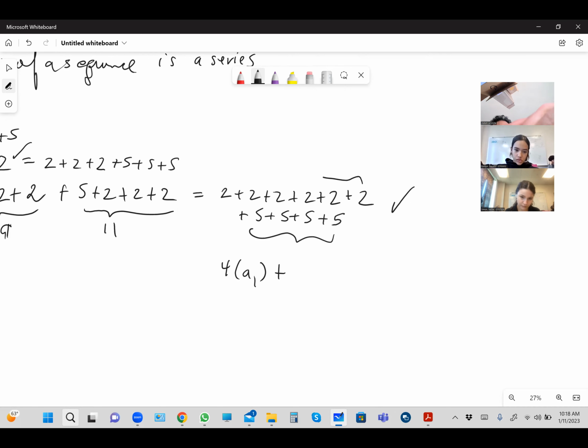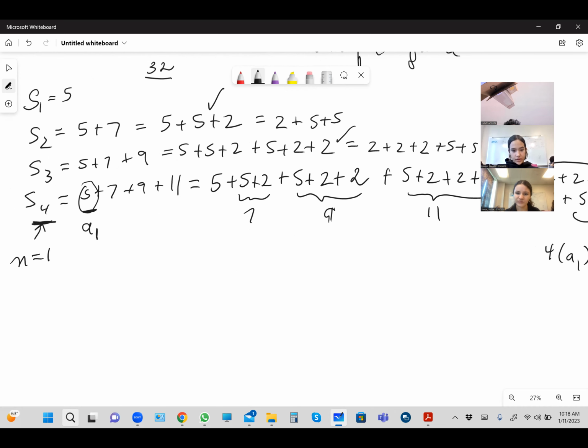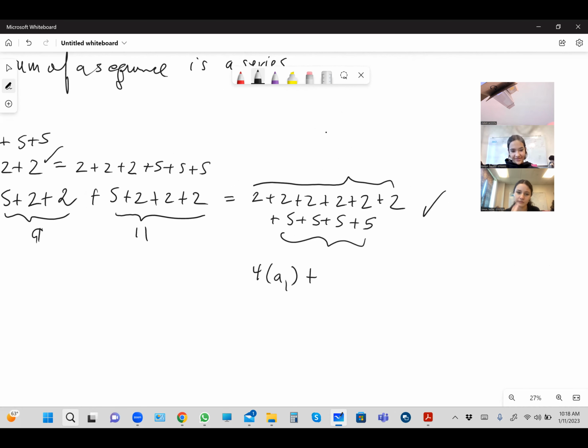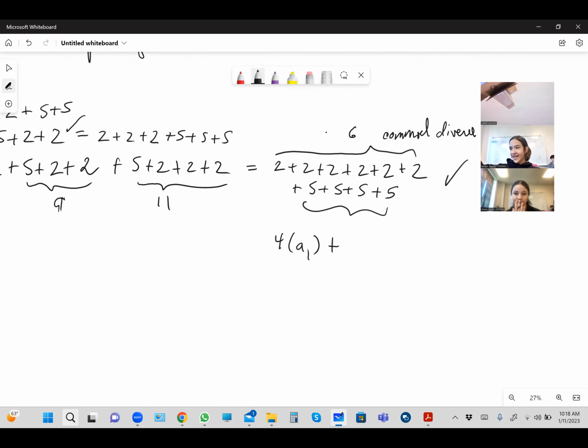And how many of the 2s do we have? 6. We have 6 of, and what do the 2s represent? The 2s are the common difference. So we have 4 A's of 1, and then we have 6 of the 2s.